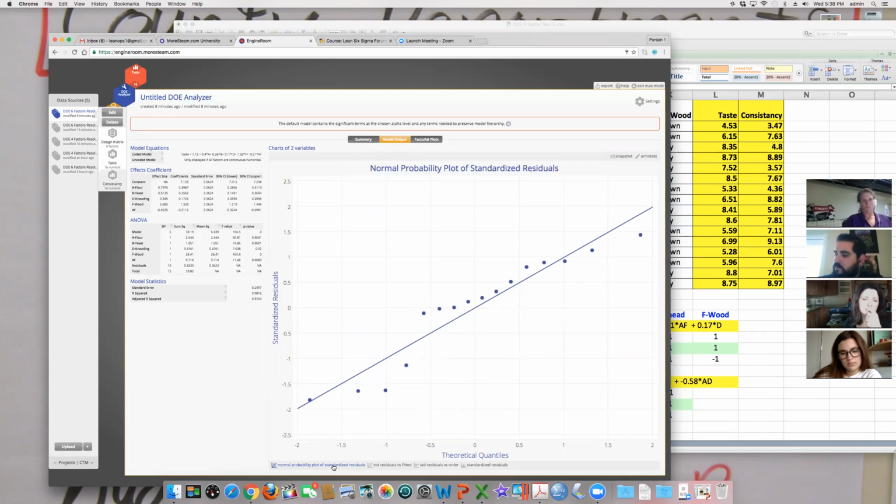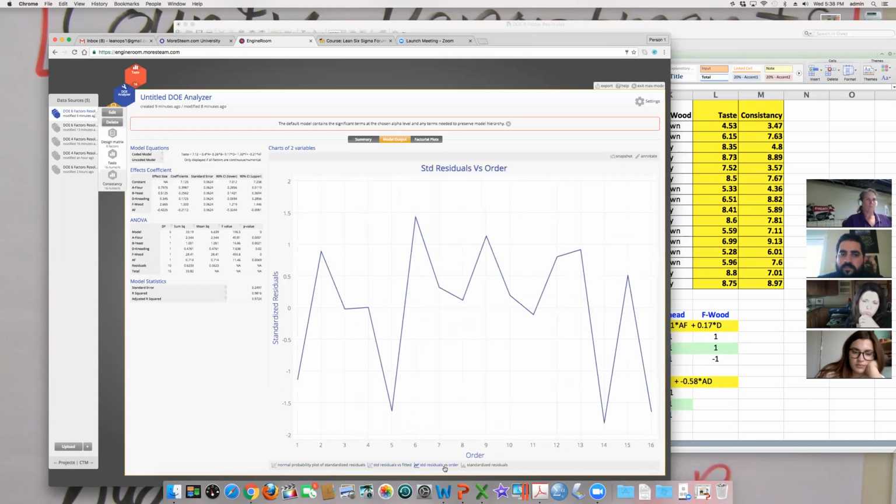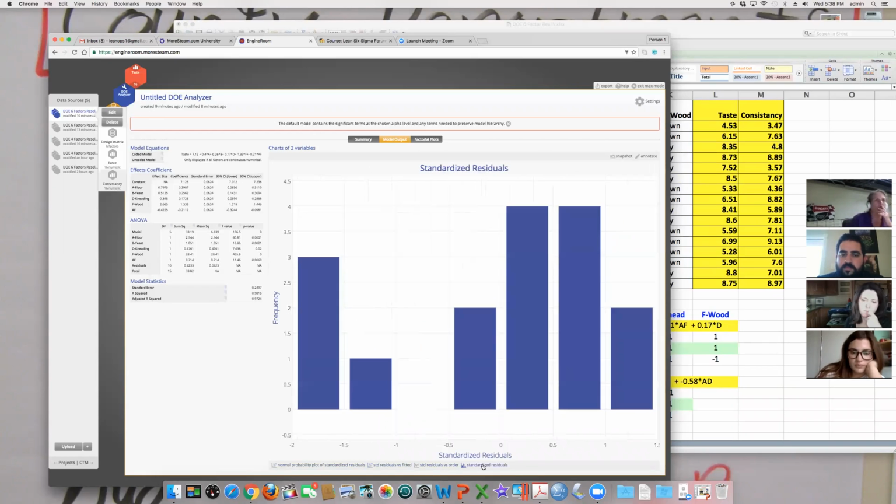We've got standardized residuals versus fitted, which looks pretty random. This one is also pretty random. And this is the standardized residuals histogram plot of what that looks like. So I don't see any specific problems there that I'd be concerned about.